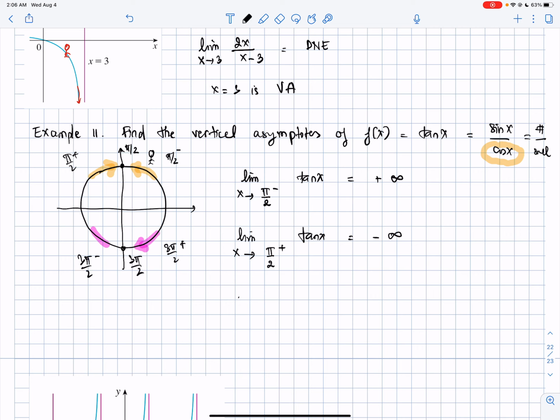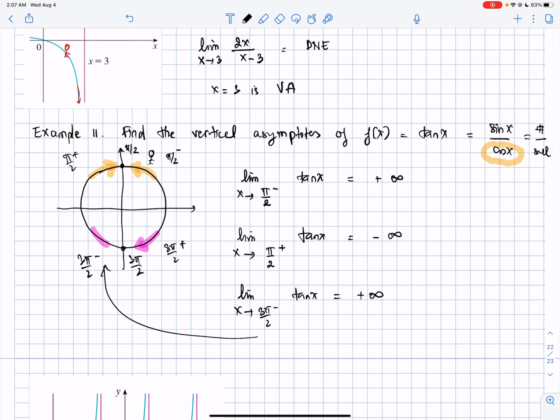Look at the limit when x approaches 3 pi over 2 on the left side of tangent of x. Let's look at the signs. If we are from quadrant number 3, sine and cosine are both negative, so the answer will be positive infinity.